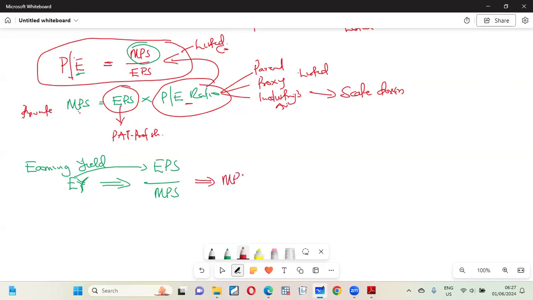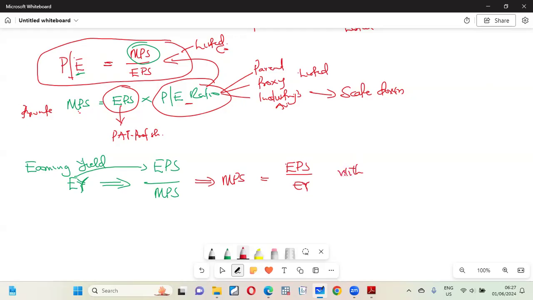If you do change of subject, you realize that the MPS will be equal to EPS over EY. Sometimes the yield will come with growth. So if there is growth inside the yield, then it will be the formula with growth.